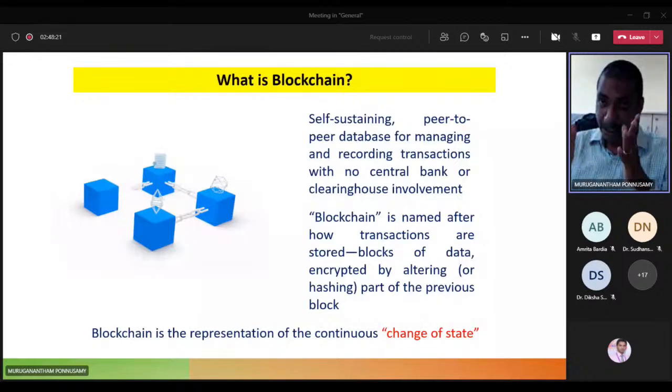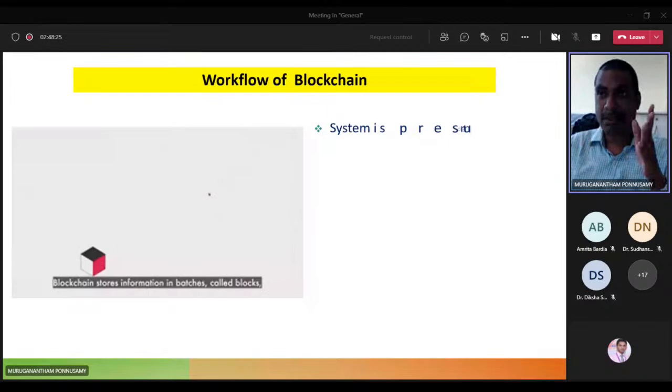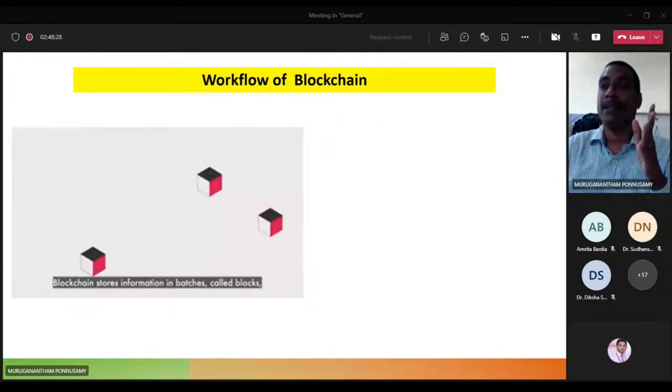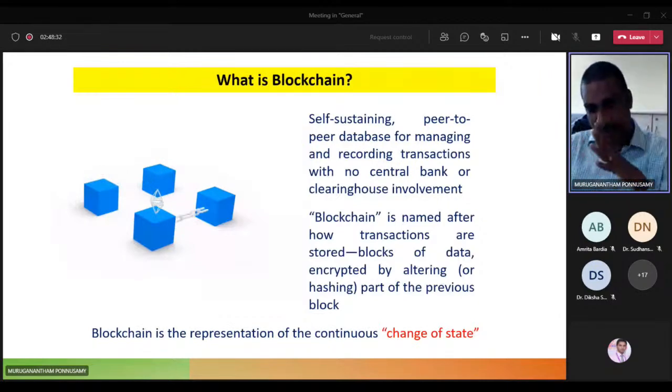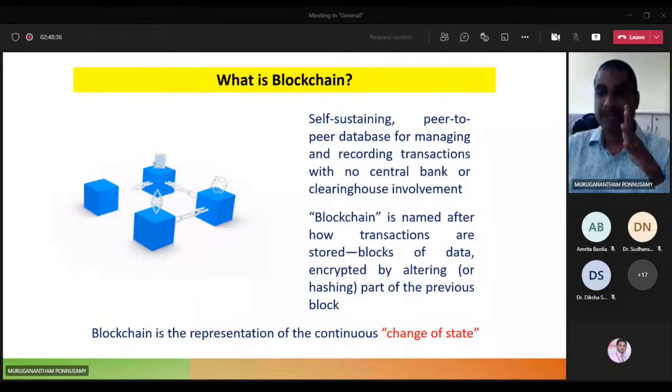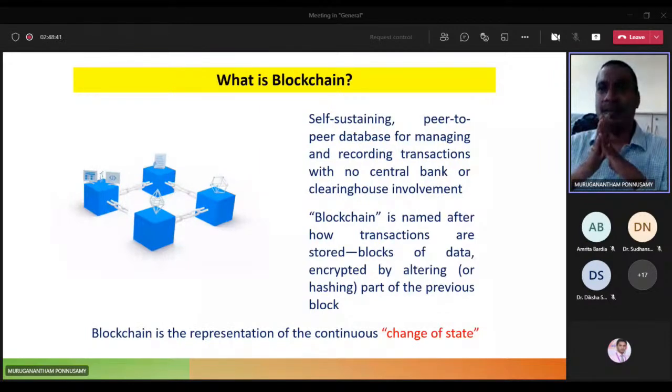Blockchain is named after how transactions are stored. I already told you, blocks of data are encrypted, altered by person X or by person Xn or by person XY. So it is the representation of the continuous change of state.